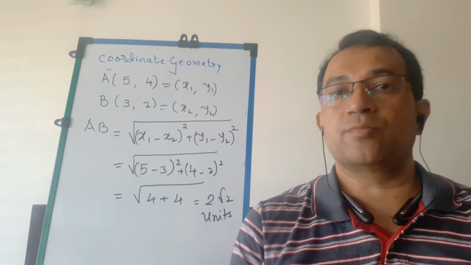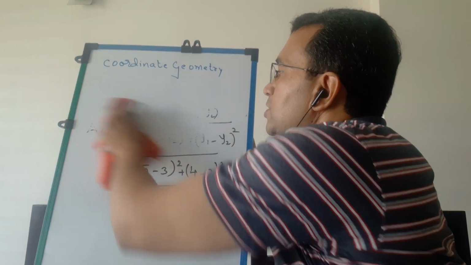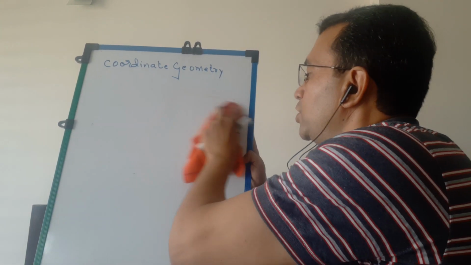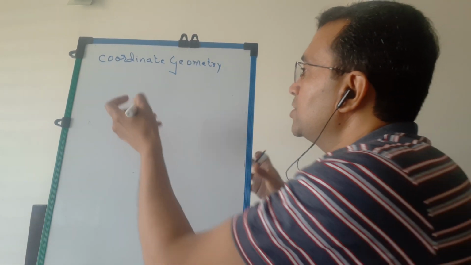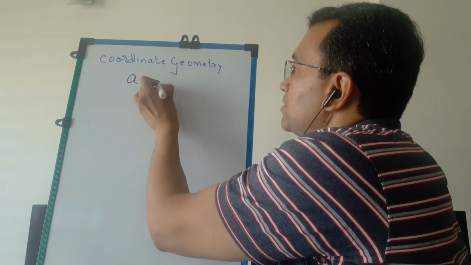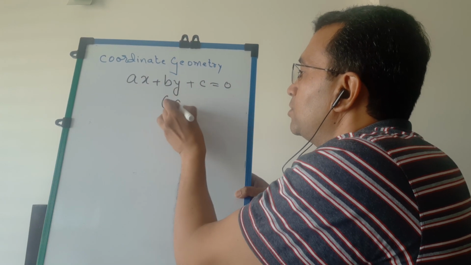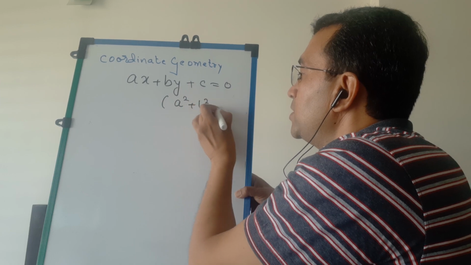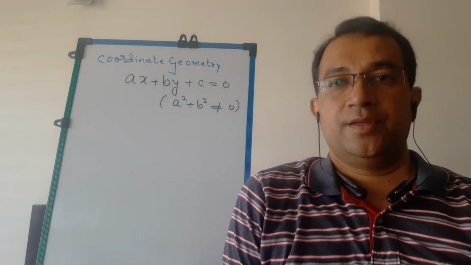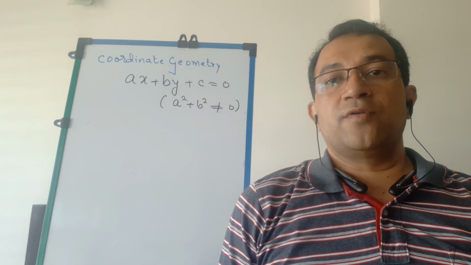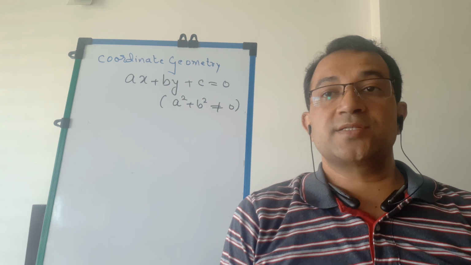Carefully understand the general form of a linear equation: ax plus by plus c is equal to 0, where a square plus b square is not equal to 0. This was the general form of a linear equation in 2 variables, x and y.